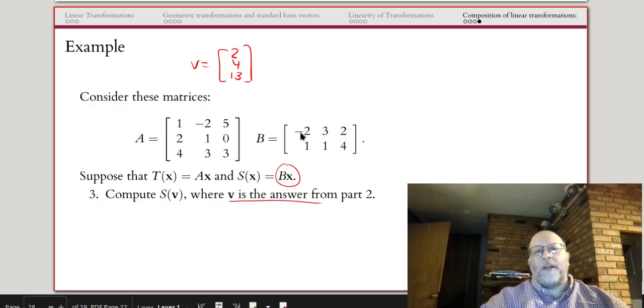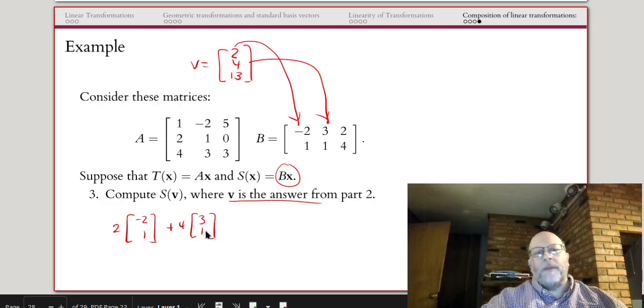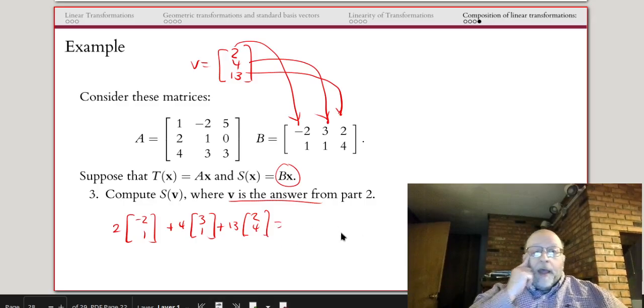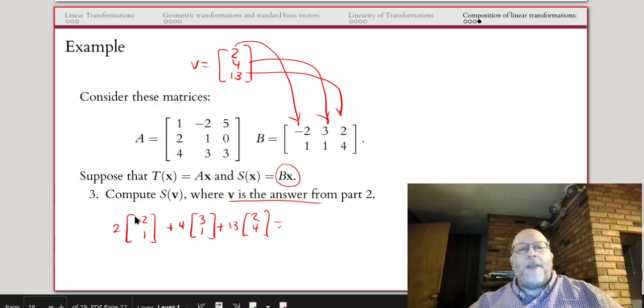So 2 is going to get multiplied by -2, 1. This goes with the first column. 4 goes with the second column. So 4 times 3, 1. And then 13 goes with the last column. And that gives us, in the top row, -4 plus 12 is 8. 8 plus 26 is 34.